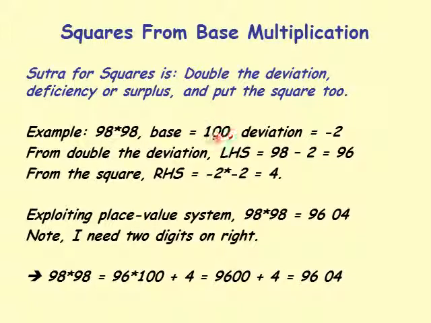When I multiply 96 by 100, I get 2 zeros. So this 4 on the right has to fit within those 2 zeros. That is 04. So 98 times 98 is 96 times 100 plus 4. That's another form: base times the left hand side, plus the right.